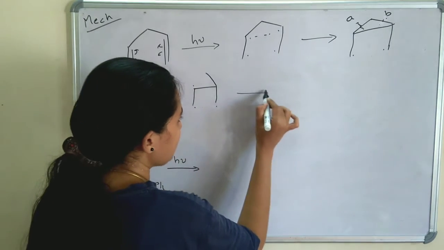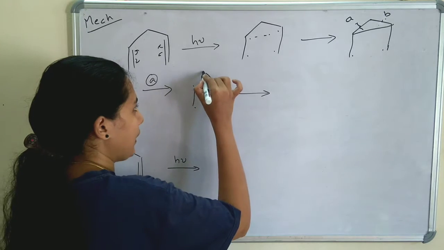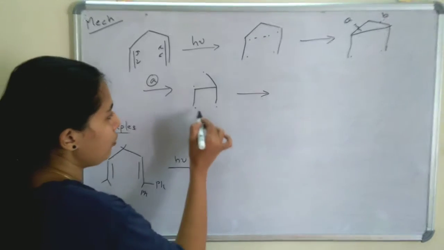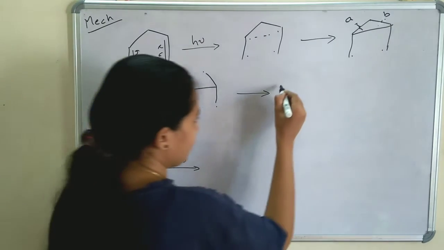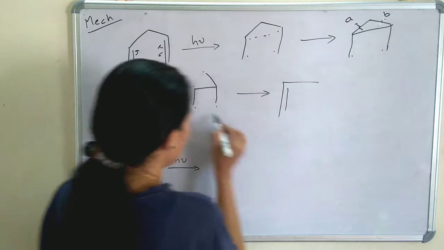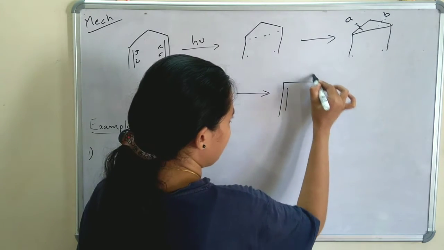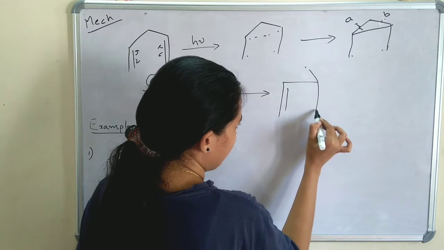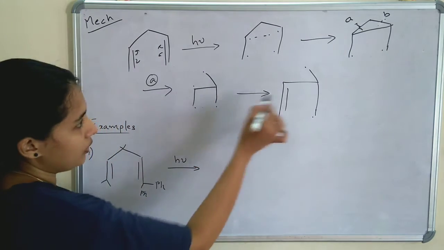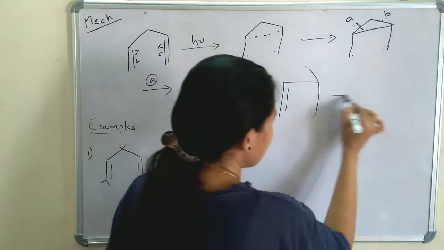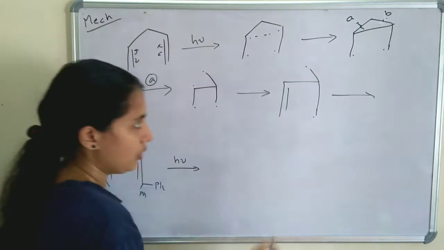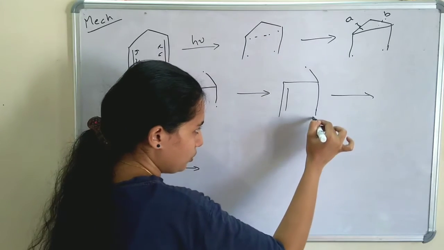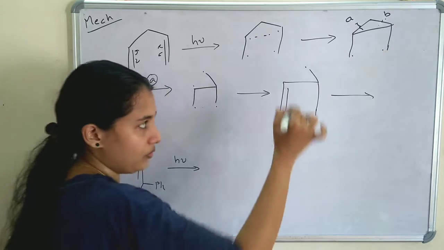Now what happens? Here a radical is present. This can make a bond, so a double bond is formed. This will make a bond, and here a radical and here a radical. Now these can make a bond. So 1, 2 and the newly formed bond 3. 1, 2, 3.